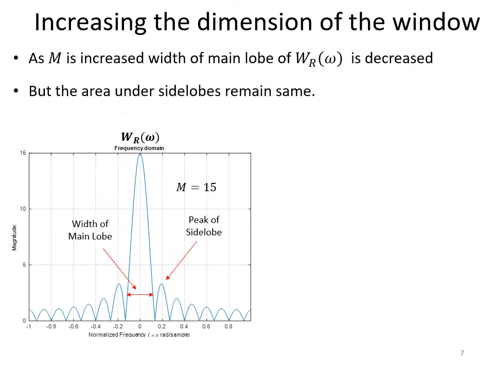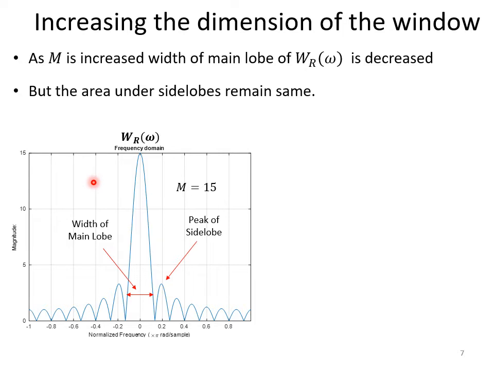And let's see what happens to the magnitude response of the rectangular window function, right? So this figure shows the Fourier transform of the rectangular window. You know that the Fourier transform of the rectangular pulse or rectangular function is a sinc function, right?